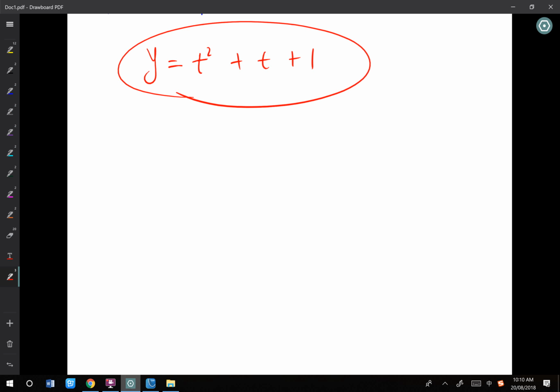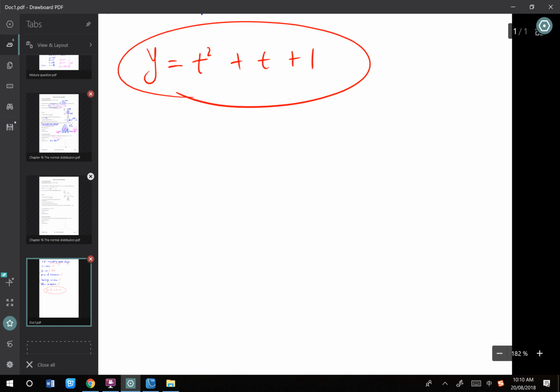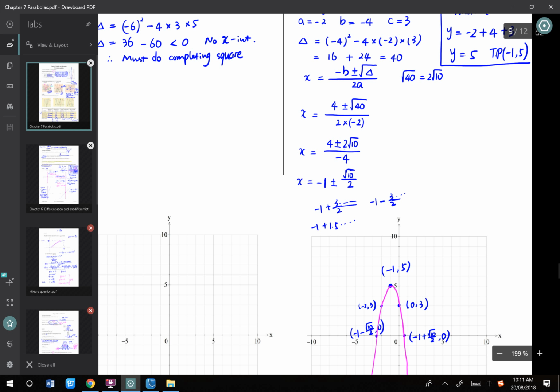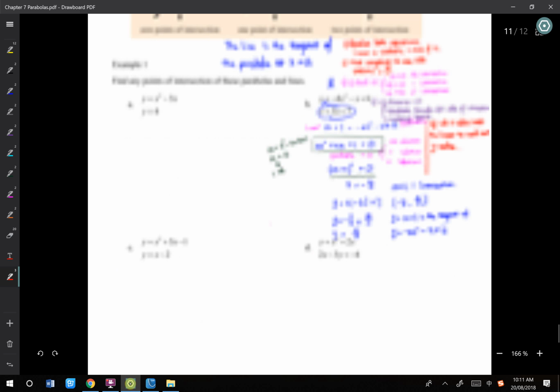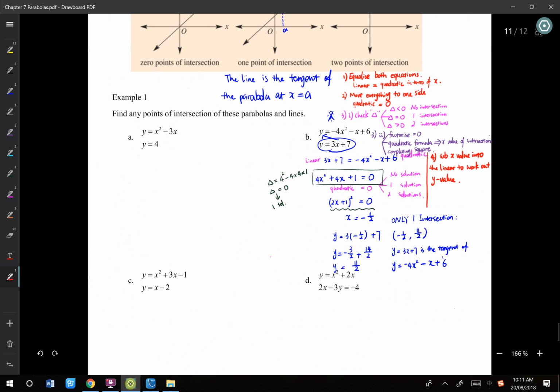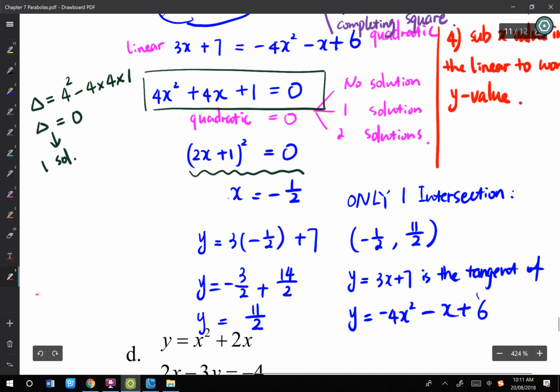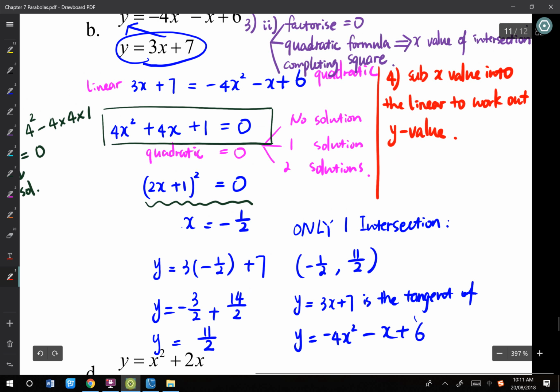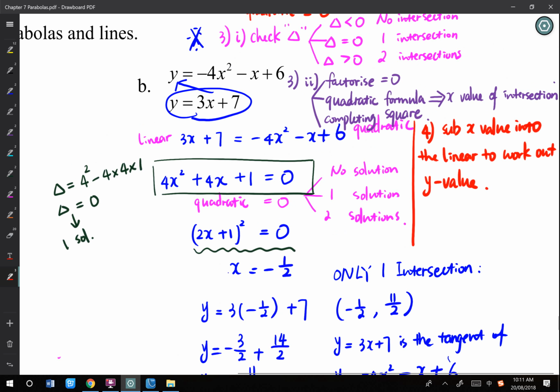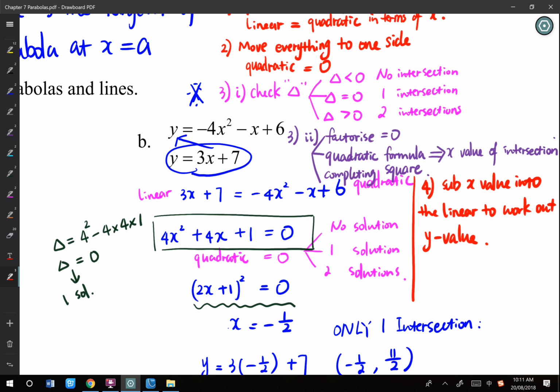Okay, think about this. If I go to show you the intersection question, just look at this question here. What we have done, we equalize the two functions, right? And then we solve for X. After we solve out the X value, what do we do to find the coordinates?